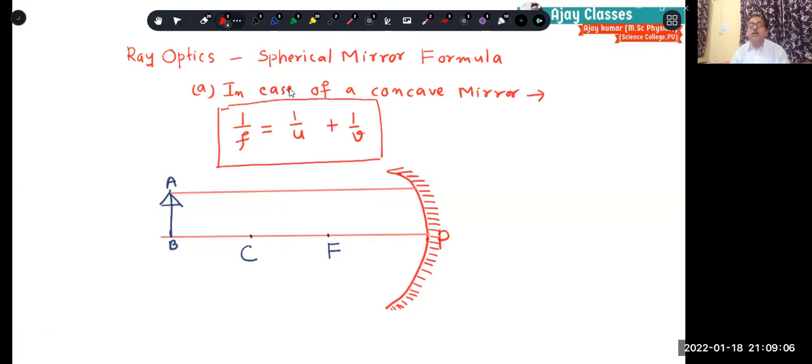It goes to the D point. We have given the name D, where the light is incident. So arrow sign given over it.